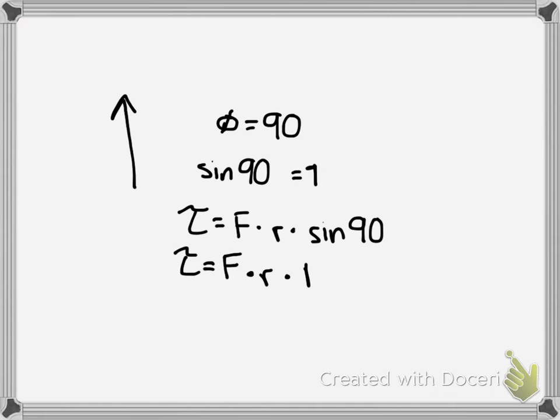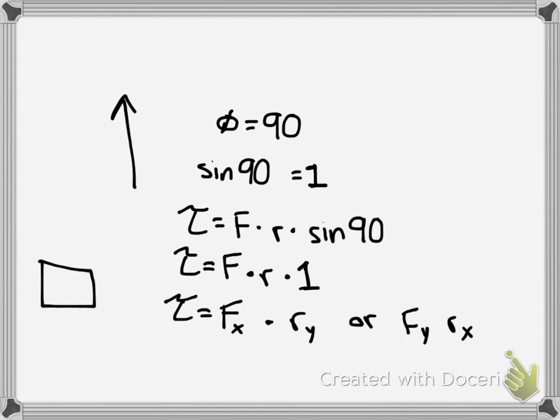Now, when theta is 90, you begin dealing with components, the x and y components, because that means that the force has an x component and not a y component, or that it has a y component and not an x component.